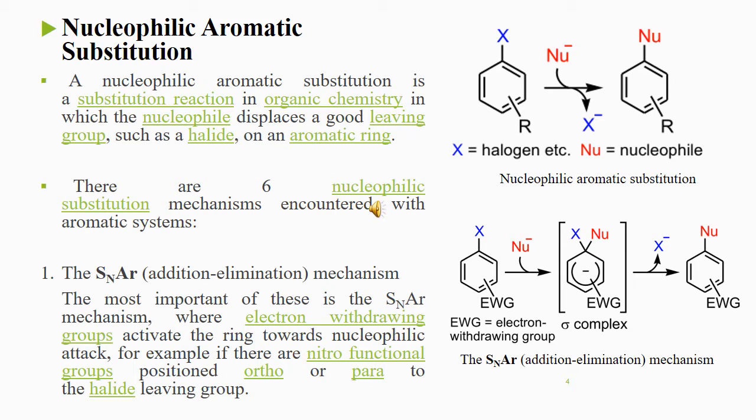So as you can see, the nucleophile is coming. First the nucleophile is added, sigma complex is formed, both leaving group and nucleophile are here on the sigma complex, and then in the next step elimination of the leaving group is taking place. So that's why it is called addition-elimination mechanism. In the first step the nucleophile is added, and in the second step the leaving group is eliminated.